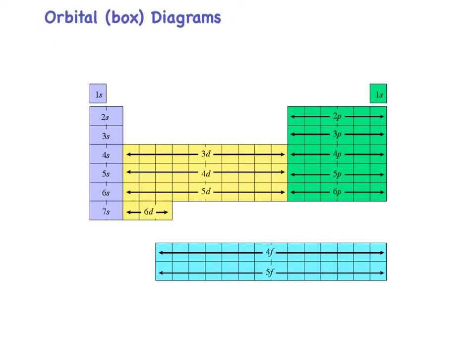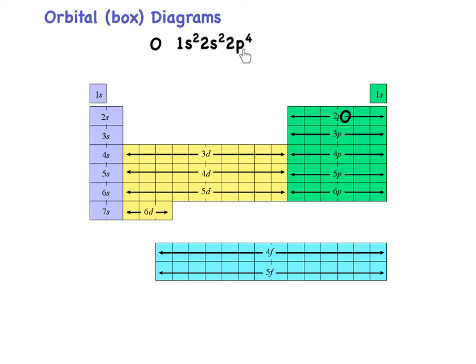A third way of expressing electron configurations is using orbital or box diagrams, and these come in really handy when we're looking at exactly how atoms are going to bond. Let's look at oxygen. Oxygen's electron configuration would be 1s2, 2s2, 2p4.